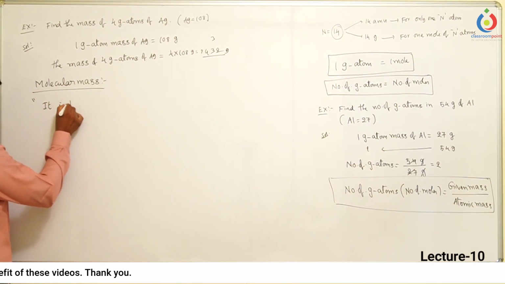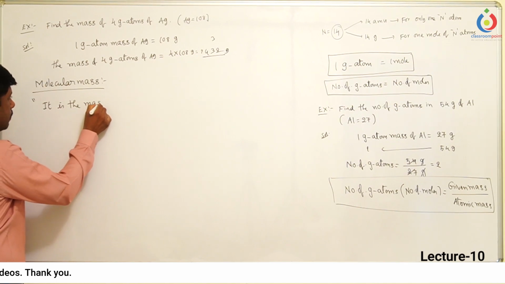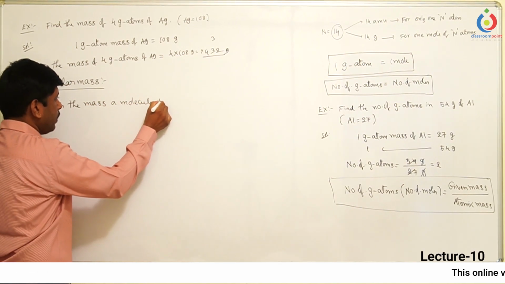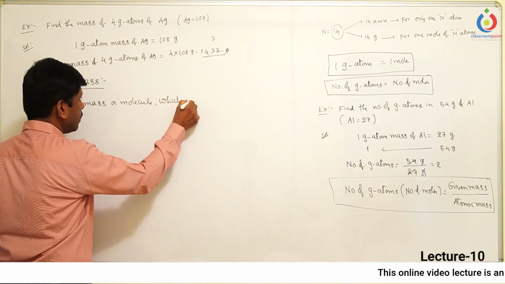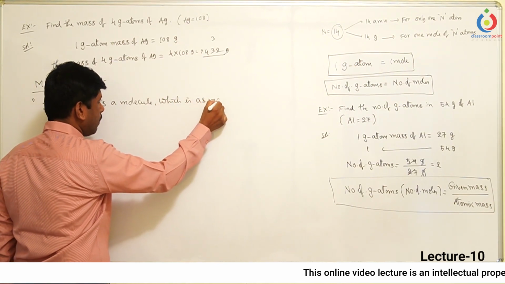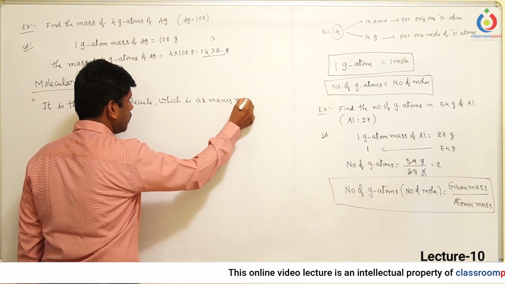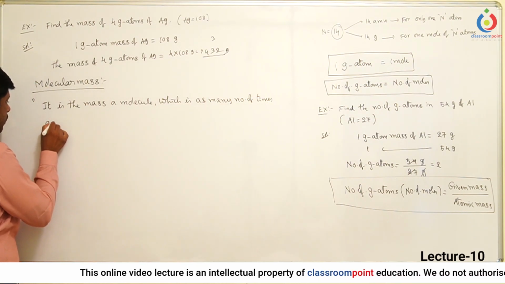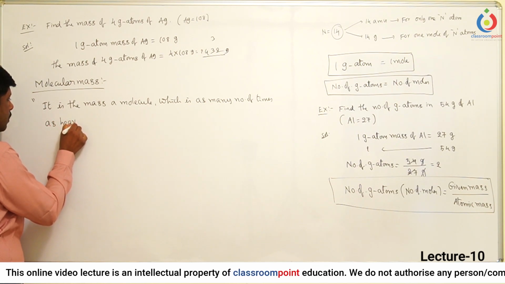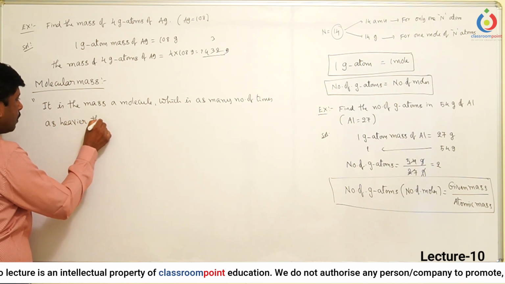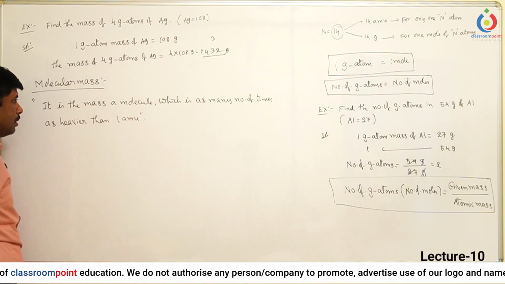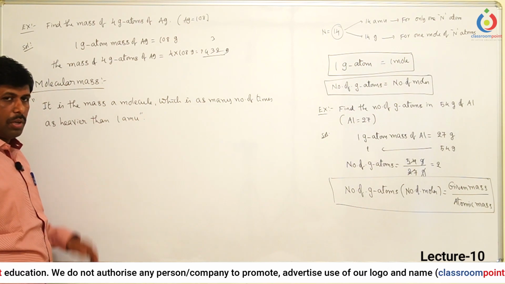It is the mass of a molecule, which is as many number of times heavier than 1 atomic mass unit. So for a single molecule, this is the molecular mass.